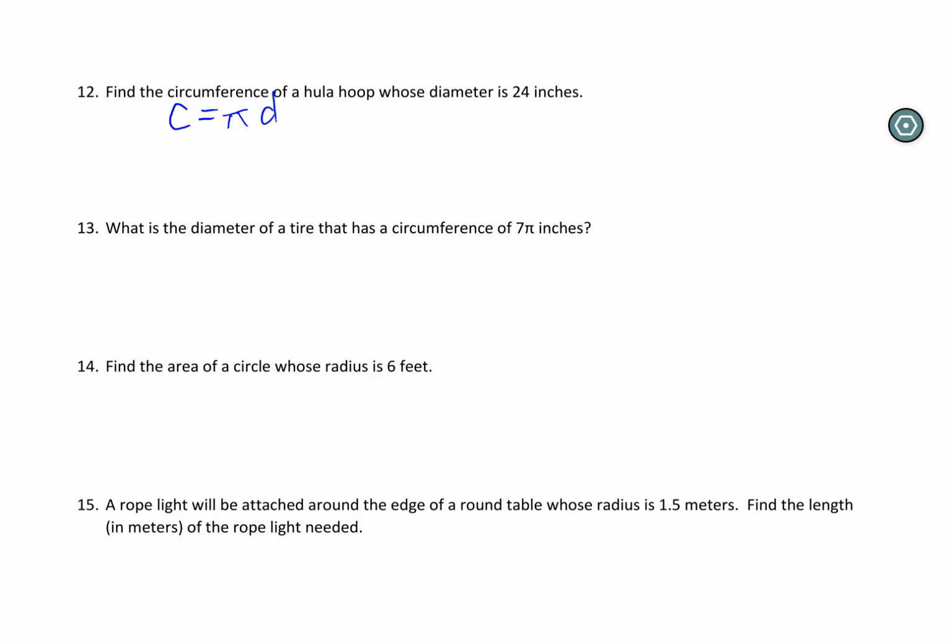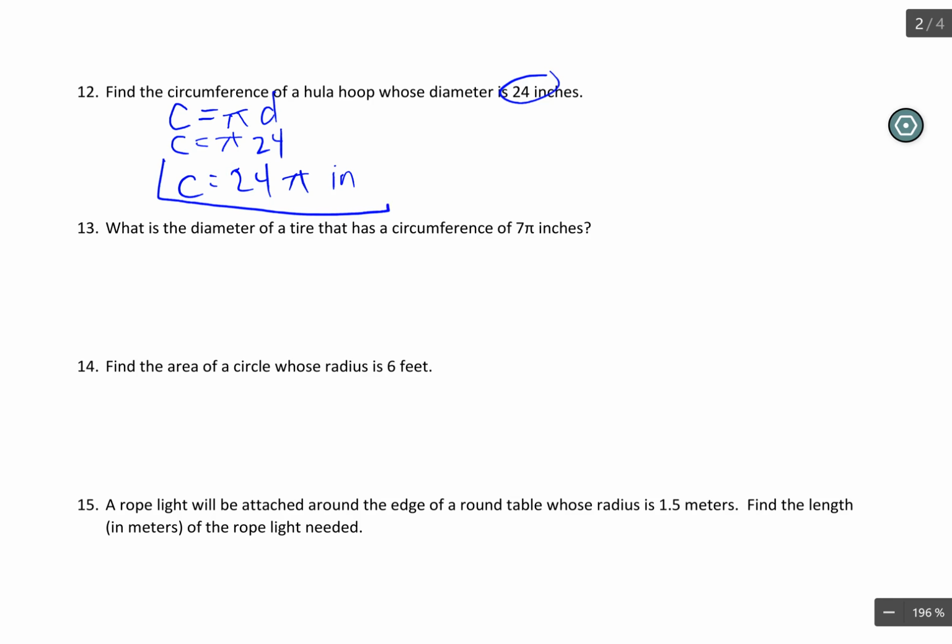So I always recommend write your formula, substitute what you know. So do I know circumference? No. And do I know diameter? Well, I do. Diameter is 24 inches. So pi times 24 is 24 pi. And I do need my units, so then my answer would be circumference equals 24 pi inches.